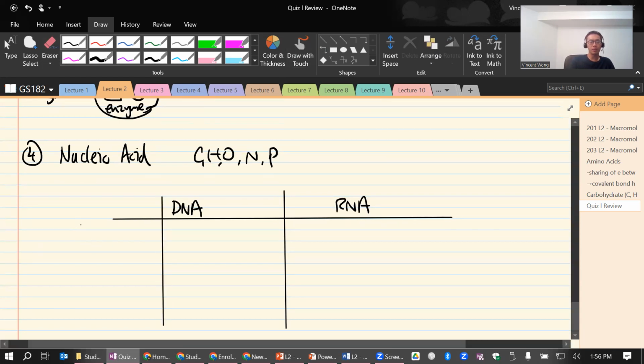So for example, we can talk about the nucleotide. Sorry, I meant to say monomer. So the monomer here is a nucleotide. Same thing here, nucleotide.